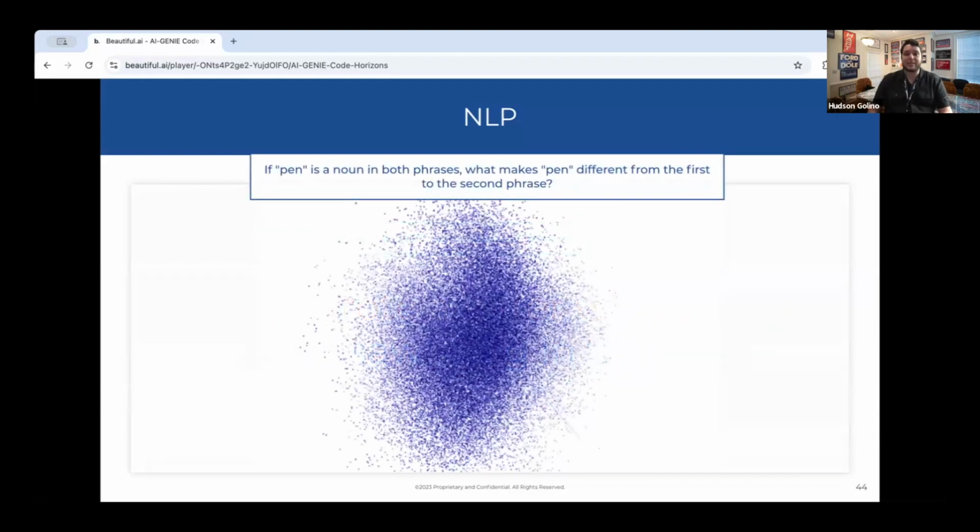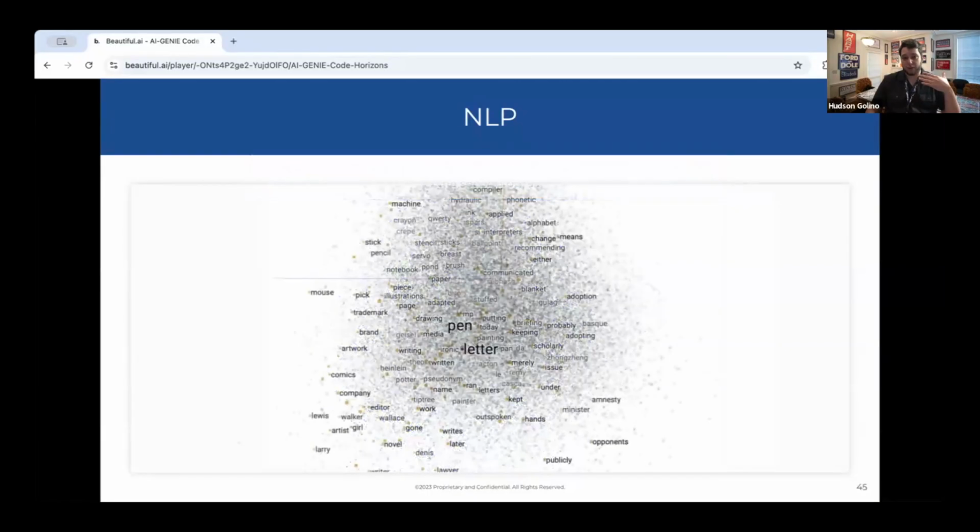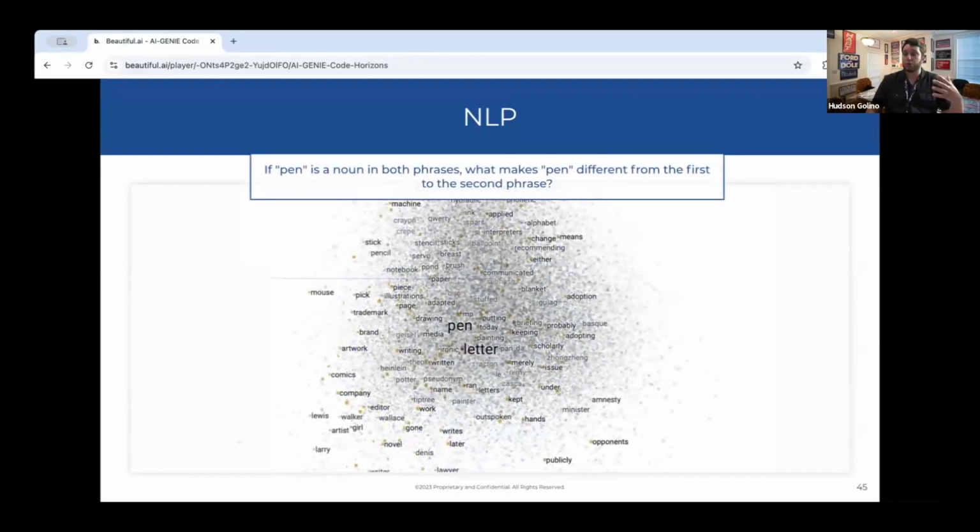So pen is a noun in both phrases, but what makes pen different in the first phrase compared to the second phrase is the words that are together, right? What we call the linguistic context of the words. If pen is closer to letter, because letter is in the phrase, there are few possibilities left for us to understand what pen is.